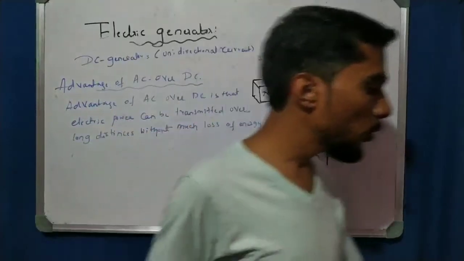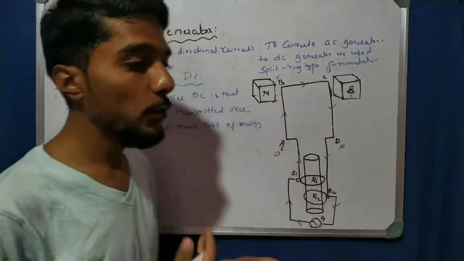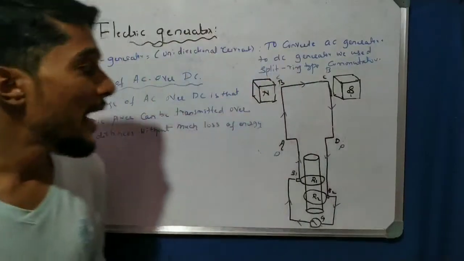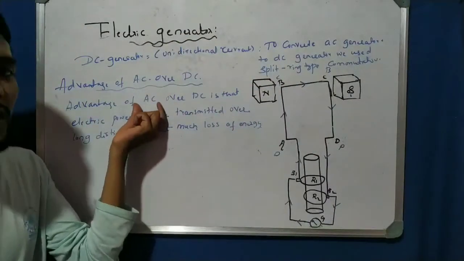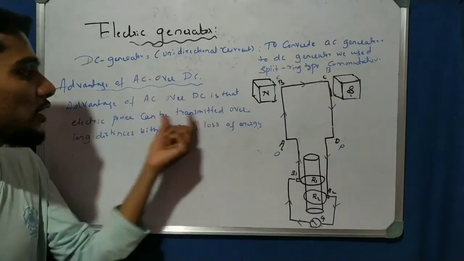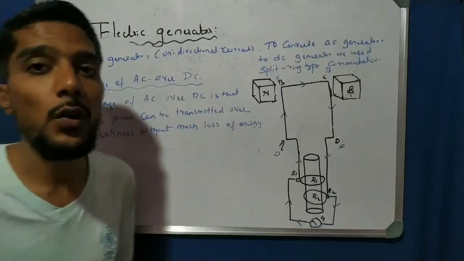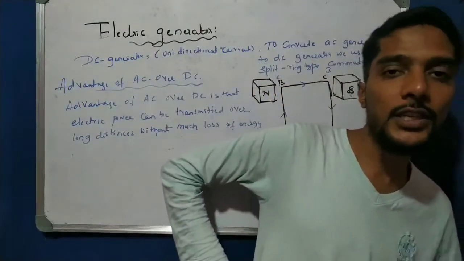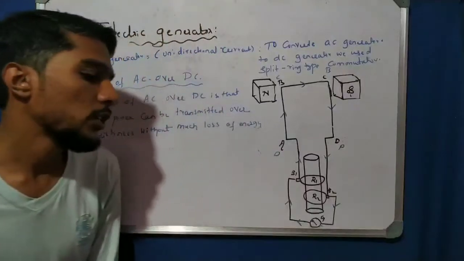We know that we transport energy over long distances, so in that case you have to use AC. So the advantage of AC current is that it is easily transmittable over long distance without loss of energy. So we prefer AC current.